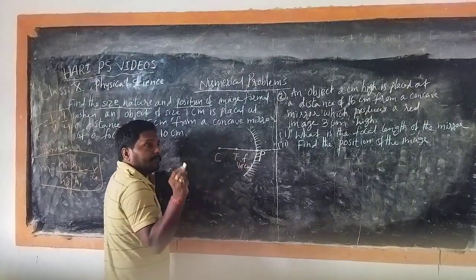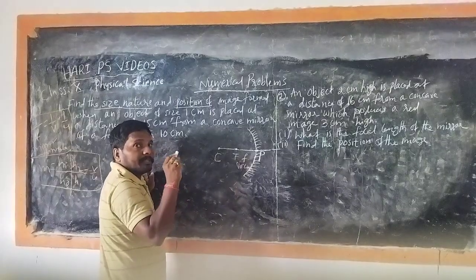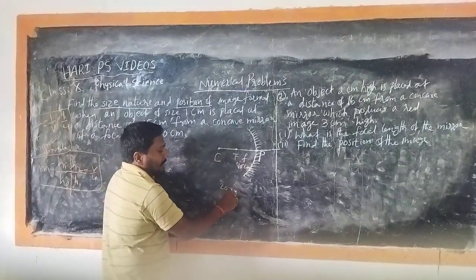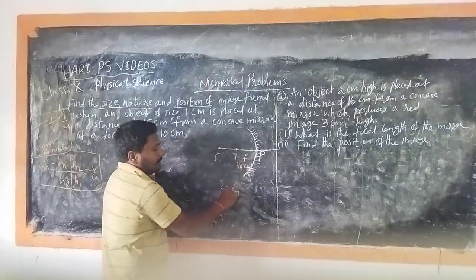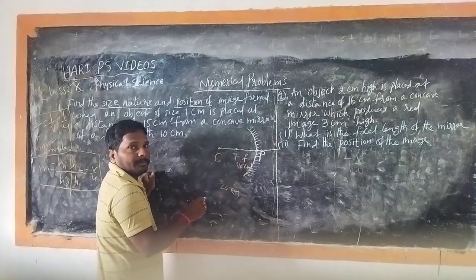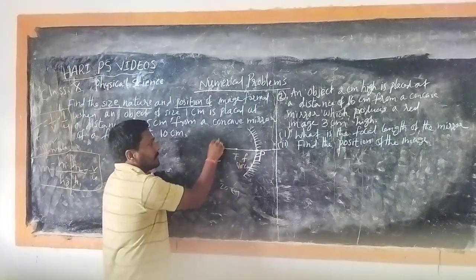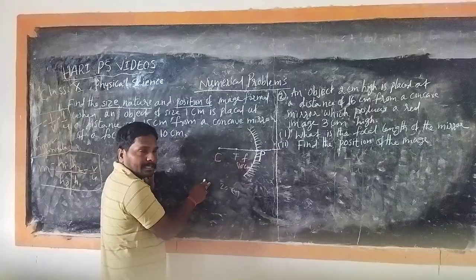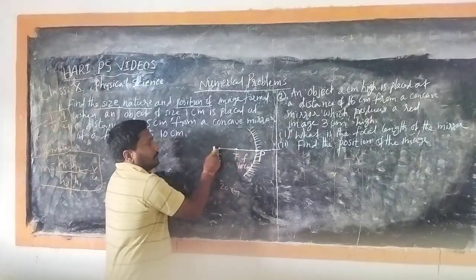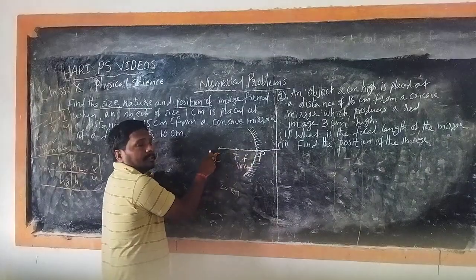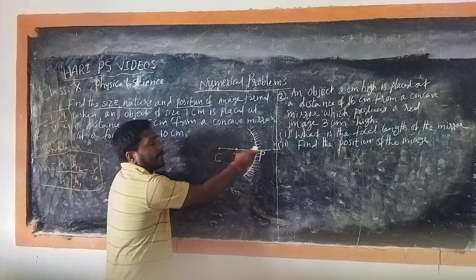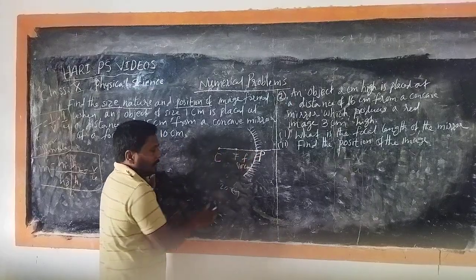So if the object is placed at 20 centimeter, for example, then the object is at the center of curvature, because the distance between the pole and center of curvature is called the radius of curvature.